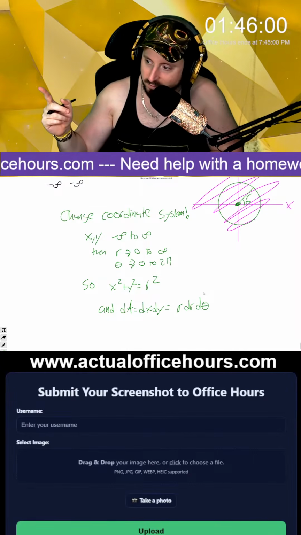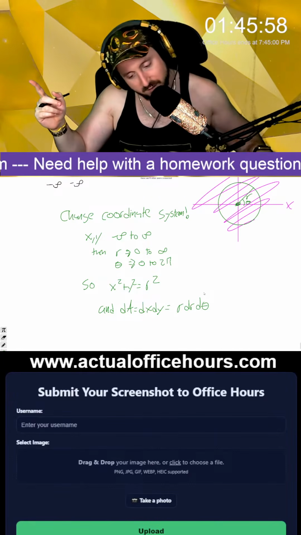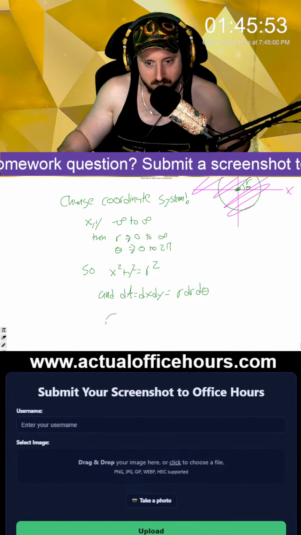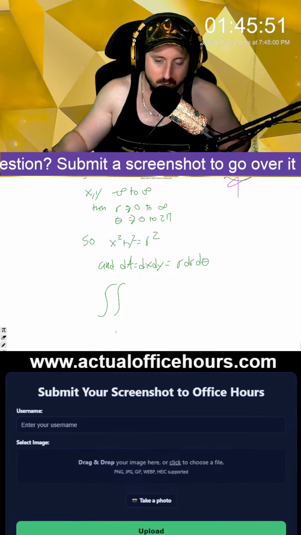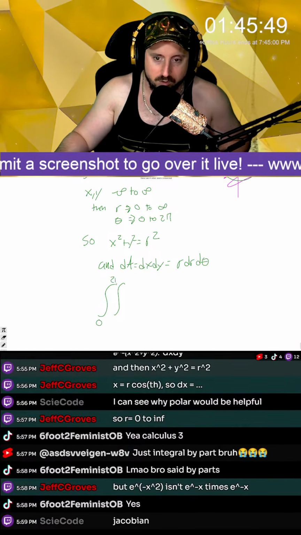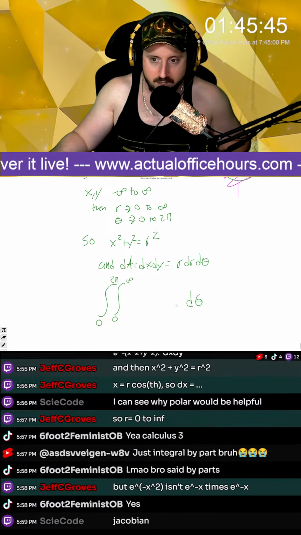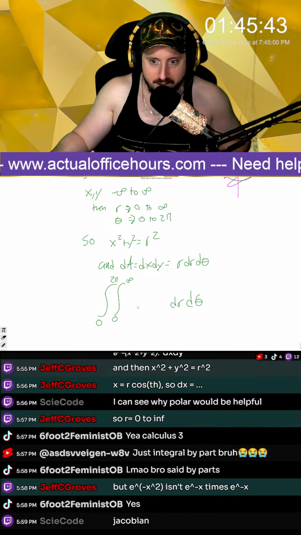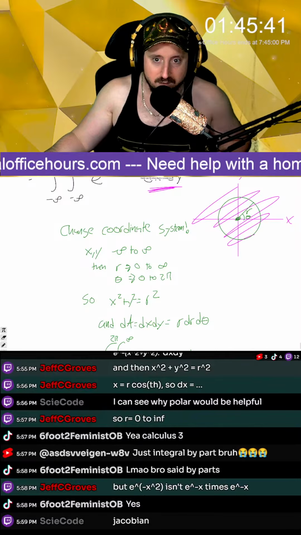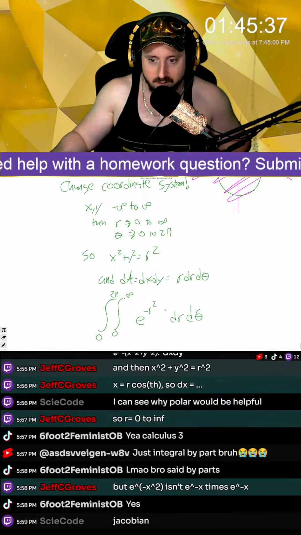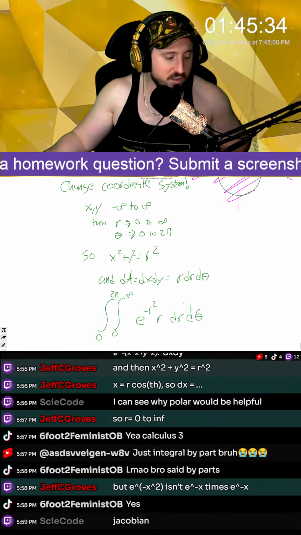There's a way to do it. Jacobian, that's it. Some other weird name with matrices. Okay, cool. All right, so now we're going to go from 0 to 2 pi d theta, and from 0 to infinity dr. And now this is e to the negative r squared times r dr. This is beautiful.